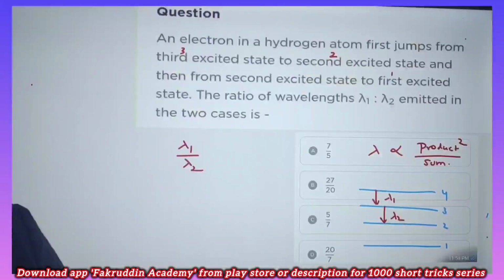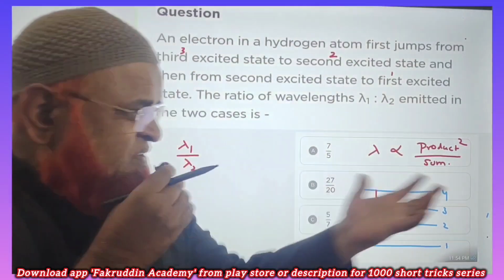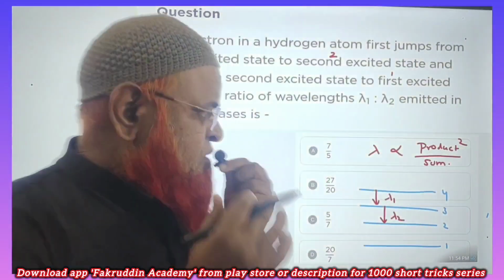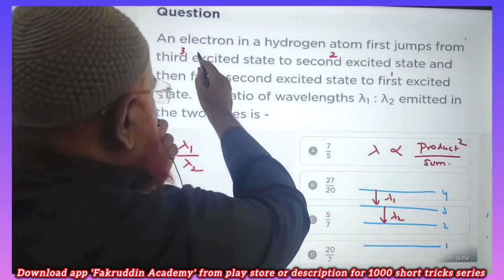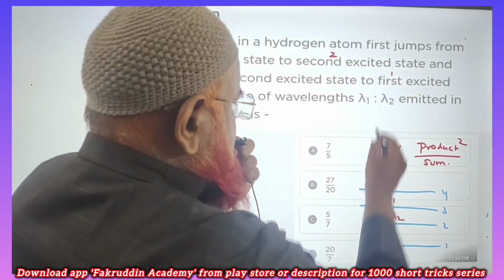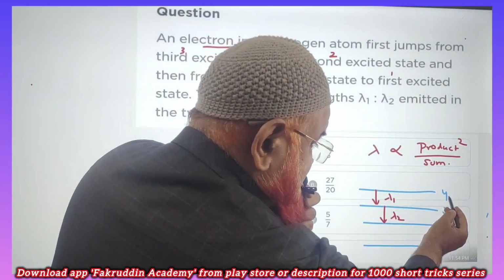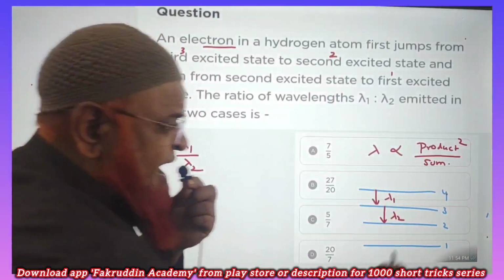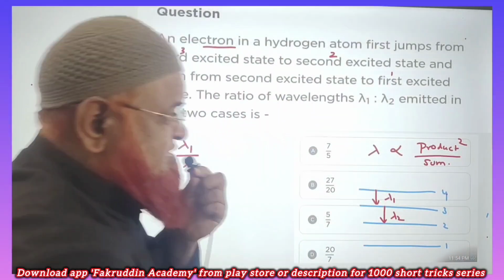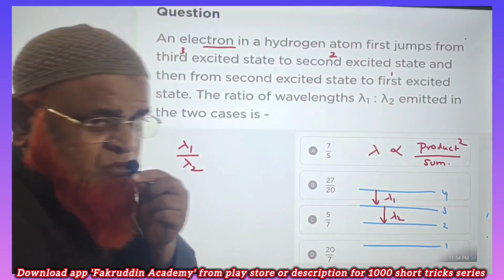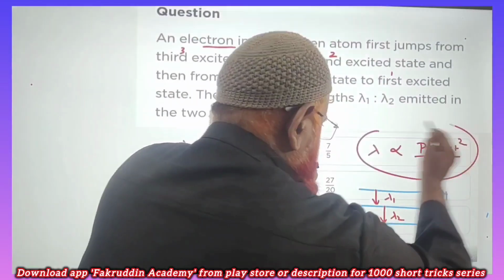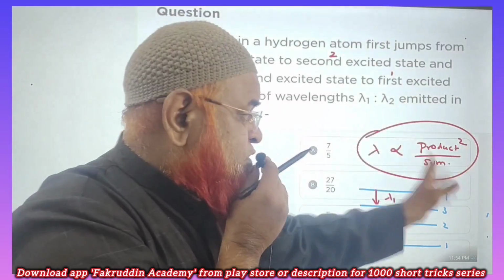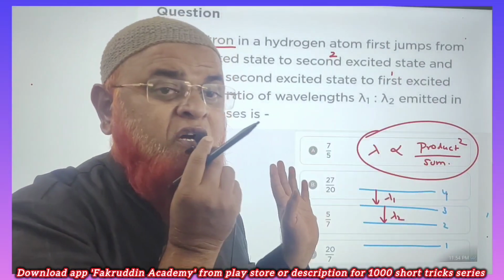My dear students, see the lengthy methods in the books. Not necessary. I have got a shortcut for you. You can just see the electron transition takes place from the third excited state to the second excited state. It is taken as wavelength lambda 1, and second excited state to first excited state, it is taken as lambda 2. And the shortcut formula for you is lambda is directly proportional to the product whole square by the sum of the principal quantum numbers.